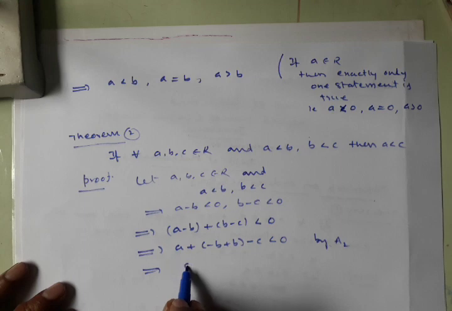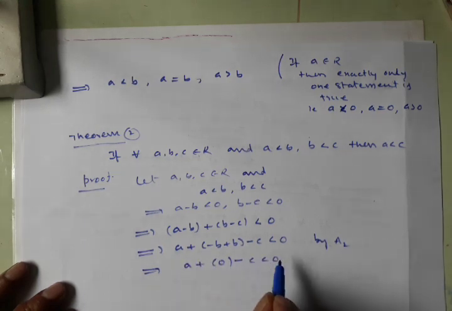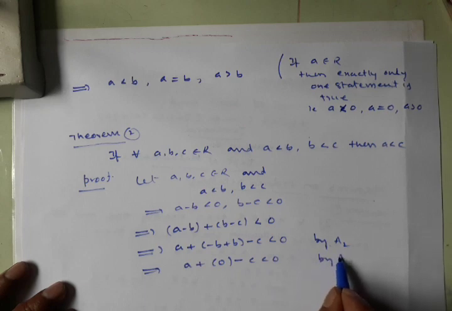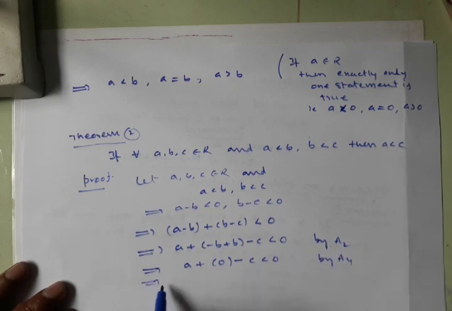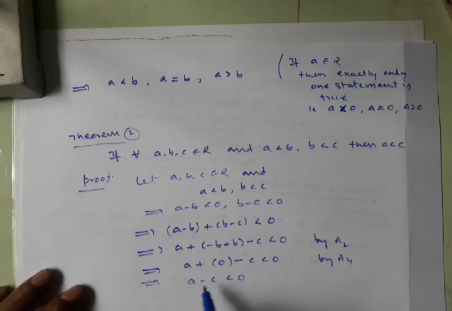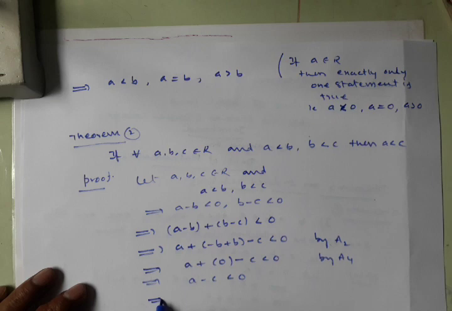This implies a plus of 0 minus c is less than 0 by A4, which implies a minus c is less than 0, which implies a is less than c.